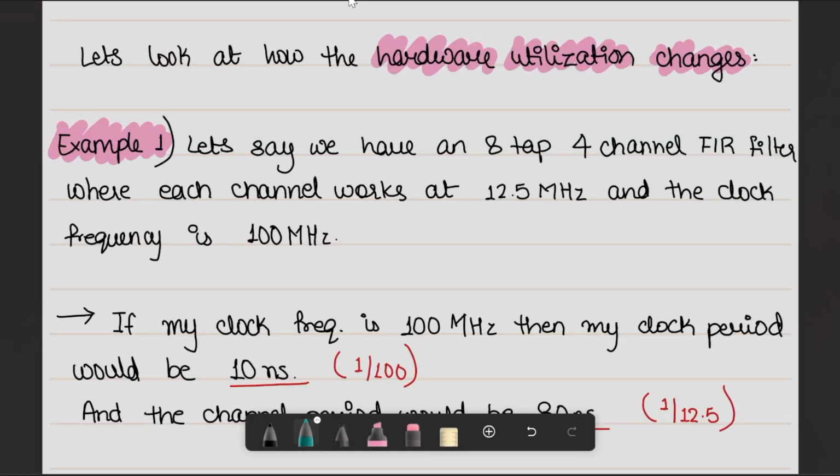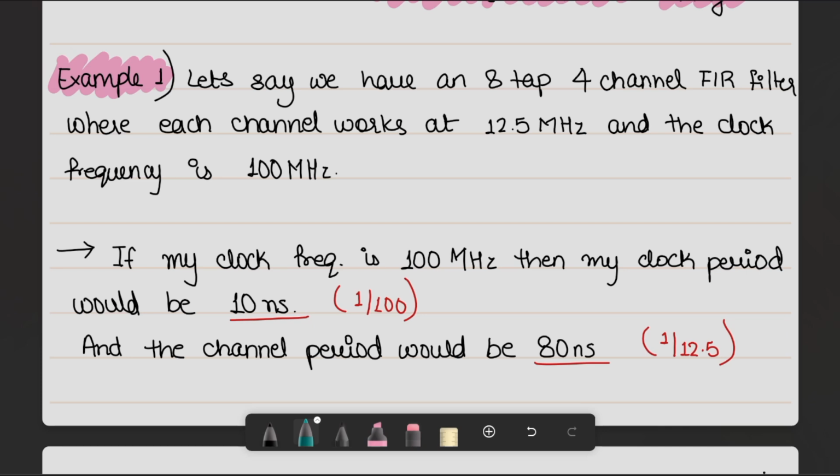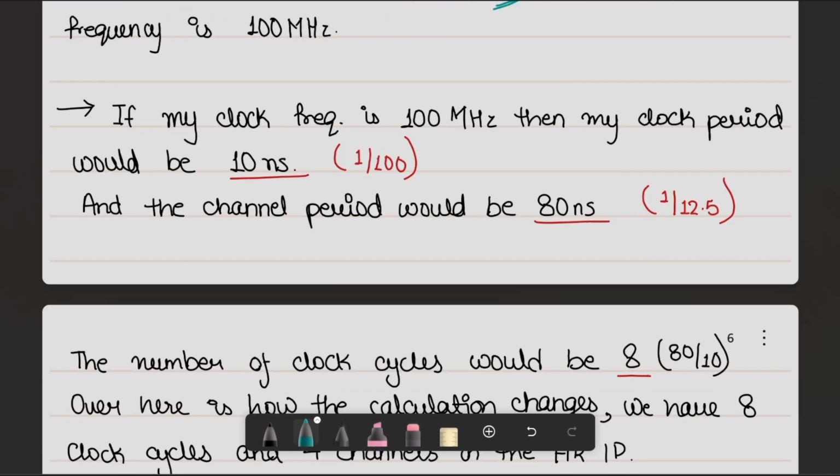Look at how the hardware utilization would change for a multi-channel filtering FIR IP. Let's continue with previous examples but with slight changes. Here I have an 8-tap filter, but instead of one channel we have 4 channels now, where each of these channels still works at 12.5 MHz, and the clock frequency still remains as 100 MHz.